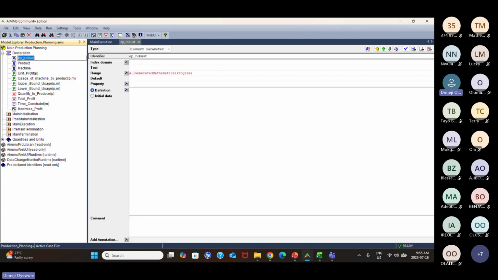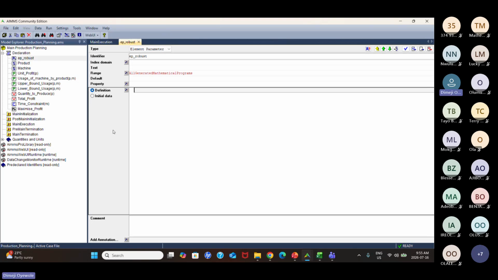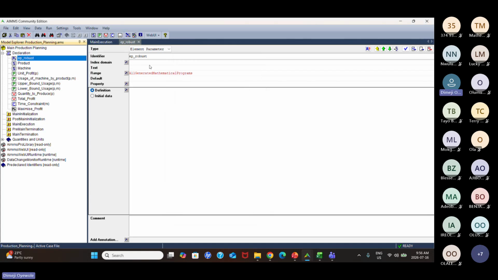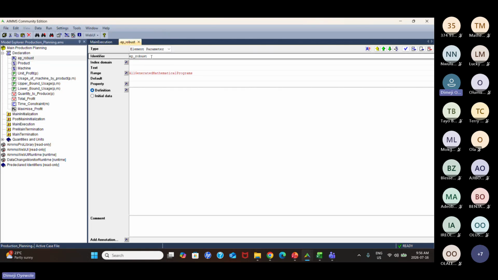So if you want to use the AIMMS robust add-on, the first thing that you do is to create an element parameter, and you name that EP underscore robust. That's the first thing, EP underscore robust.